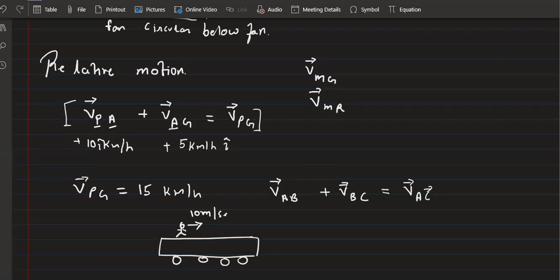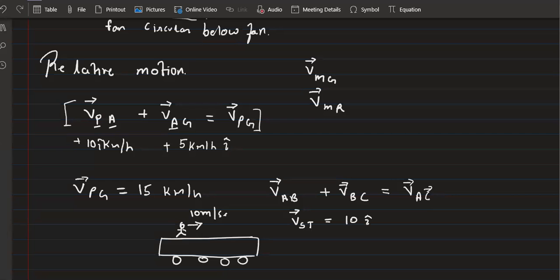So I'll just use vectors. Velocity of Shah Rukh with respect to train is equal to, this is your x-axis, so I'll write it as 10 i cap. Got it, everyone?